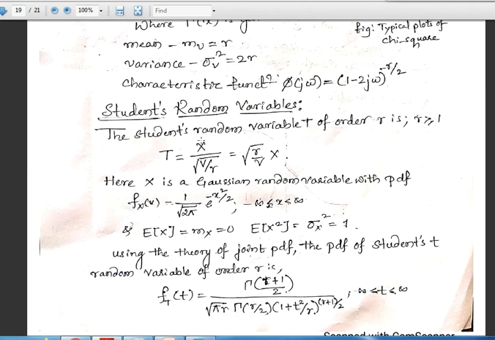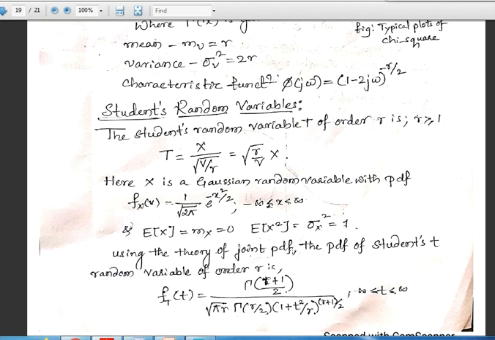So T is equal to X divided by root of V by r, which is equal to root of r by V into X. Here X is the Gaussian random variable with PDF f_X(x) equal to 1 by root of 2 pi e raised to minus x square by 2, again the same as for the chi-square, with X in between minus infinity to plus infinity, having its mean as 0 and variance as 1. Usually we consider the Gaussian random variable with mean 0 and variance unity.